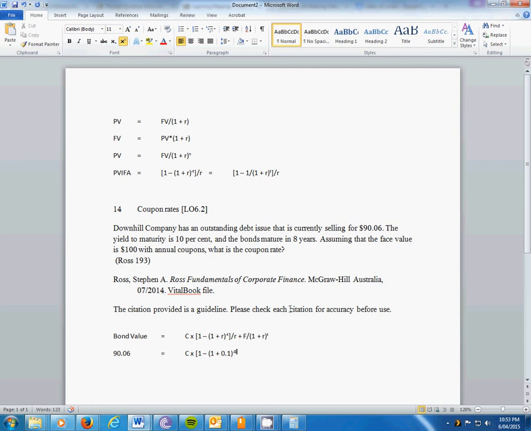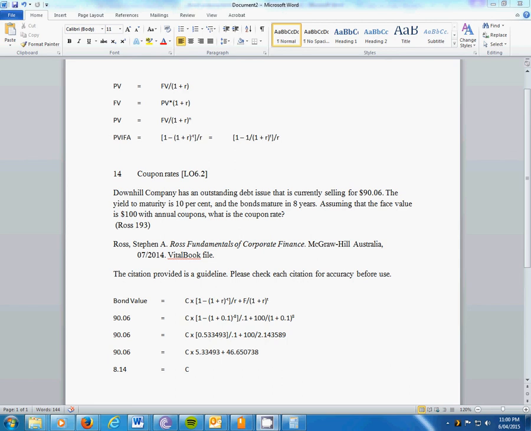We know that it will mature in 8 years, so T is 8, and then we'll divide it by 0.1 again, and then plus face value, which is 100, divided by 1 plus the rate again, 0.1, to the power of T, which is 8.